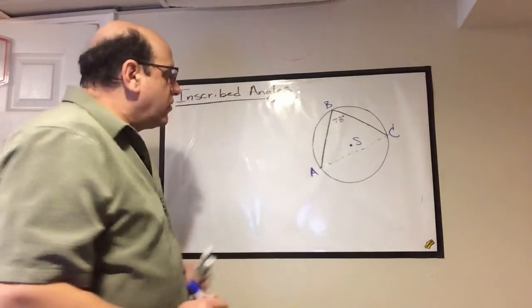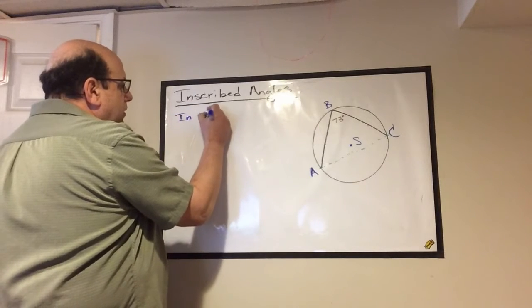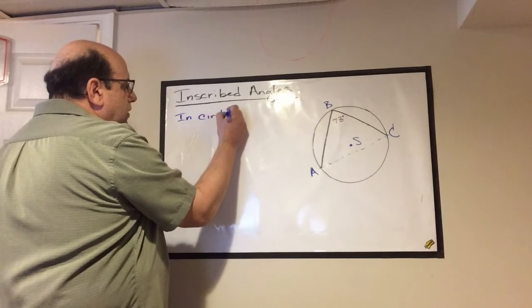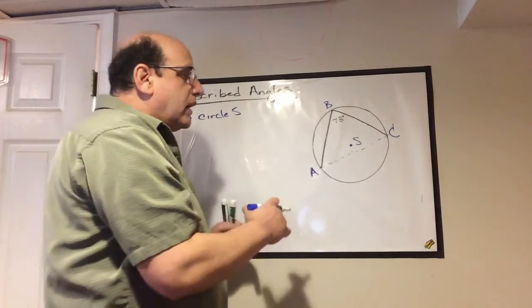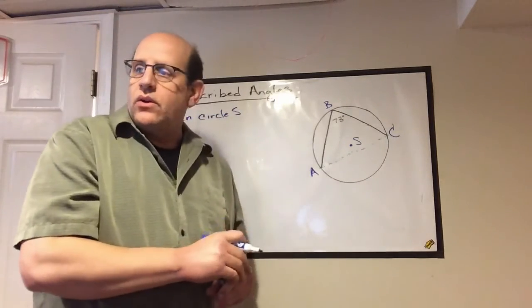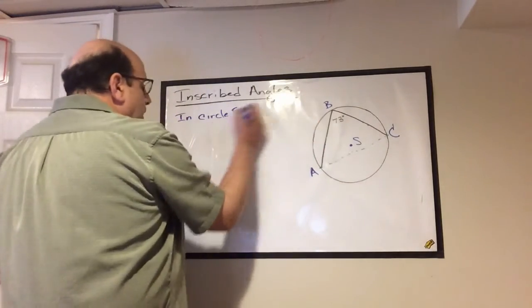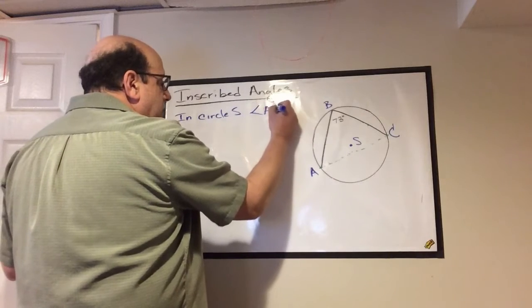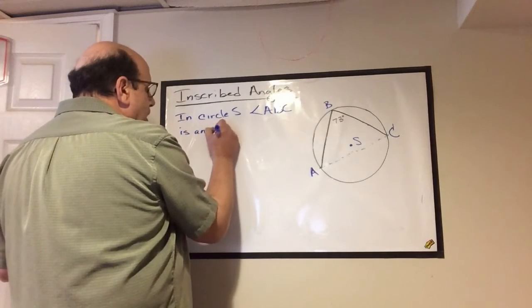In circle S, angle ABC is an inscribed angle.